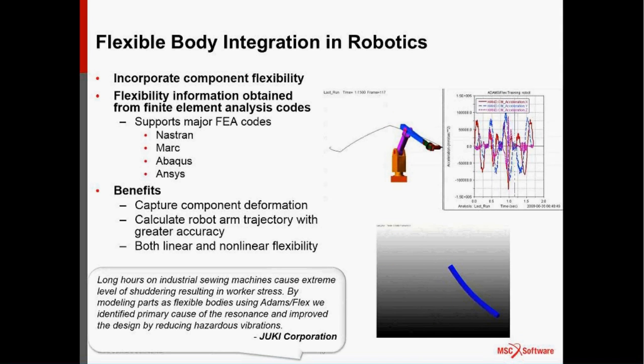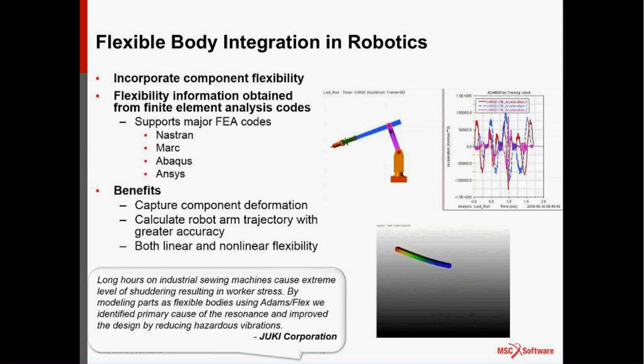You can incorporate the linear flexibility or what we call the nonlinear flexibility. So if the deformation of an arm, for example, is not very large, you can use Atoms Flex to create a model neutral file to capture some of the small deformation of that component during the operation or during a task.